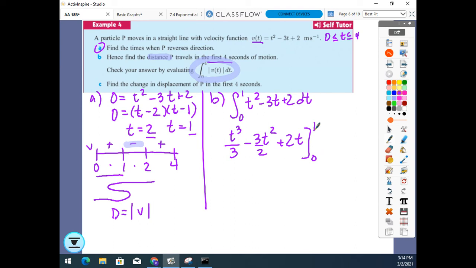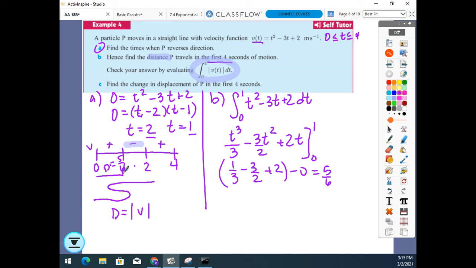Now, when I plug in 1, I get 1/3 minus 3/2 plus 2 minus 0. This whole thing, I'm just going to tell you, is 5/6. So between 0 and 1 second, my distance I traveled was 5/6.